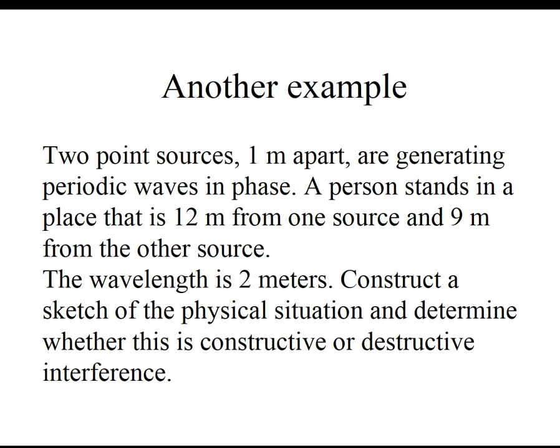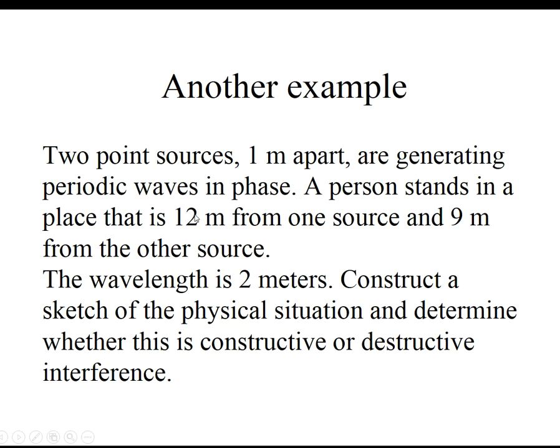2 point sources are 1 meter apart, and they're generating periodic waves in phase. That means that they're moving together. And a person stands in a place that's 12 meters from one source and 9 meters from the other source. So notice how the 1 meter apart is good for drawing the picture, but it's not an important part of actually solving the problem.